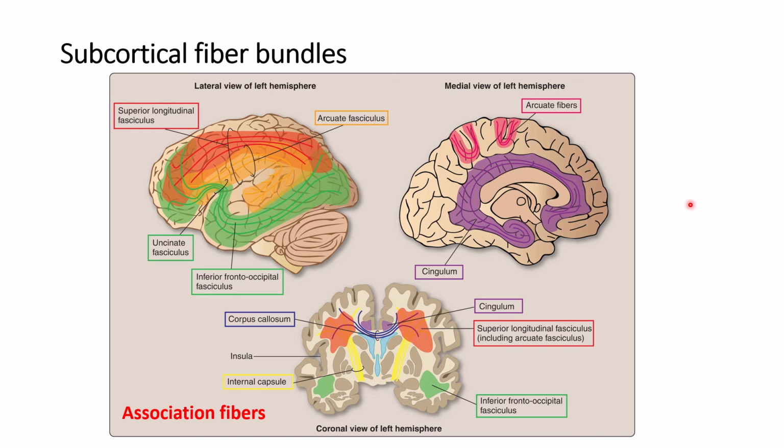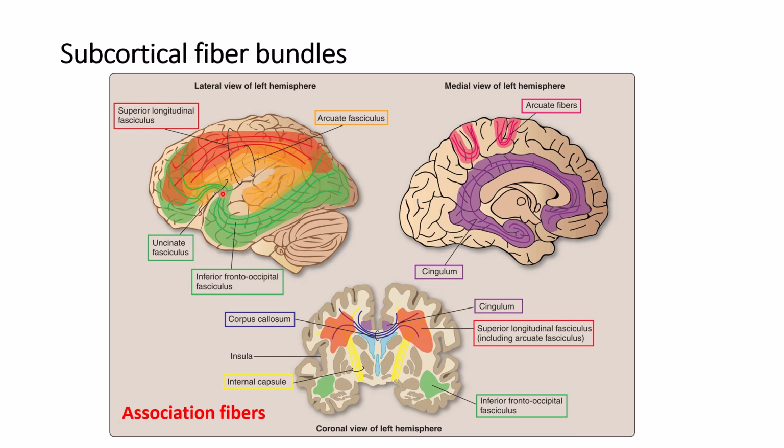Below the cortex you have different fibers, starting with association fibers. Association fibers are in the same cerebral hemisphere, and they do not cross to the other side. You can see the superior longitudinal fasciculus, connecting the frontal lobe with the parietal and occipital lobes.